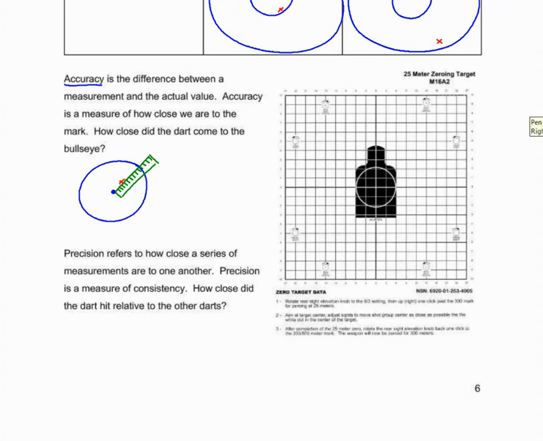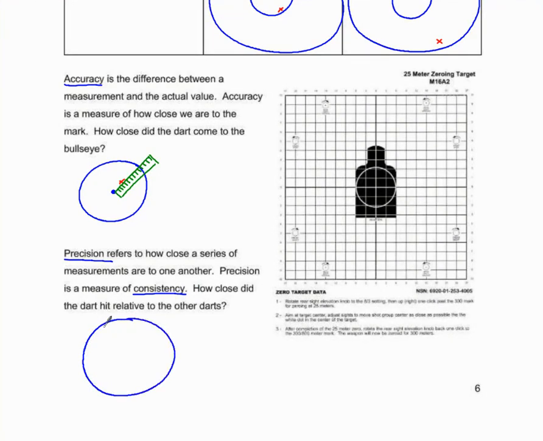Precision is a measure of how close the series of measurements are to one another. So precision, how close are they to one another? It is consistency. So how close did the dart hit relative to the other darts?